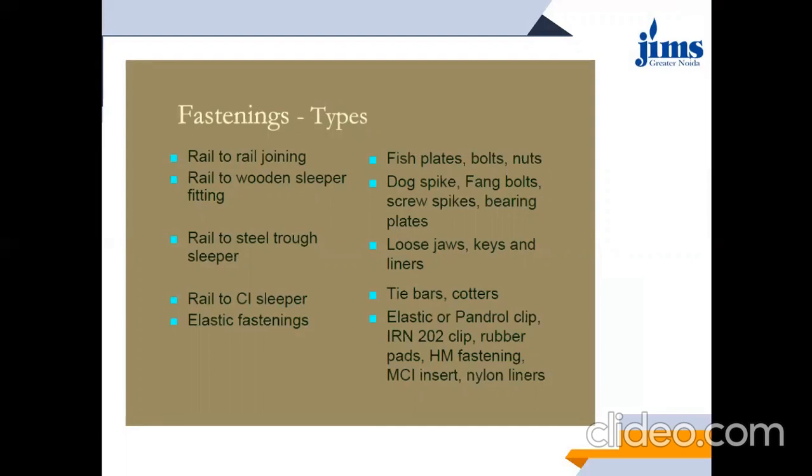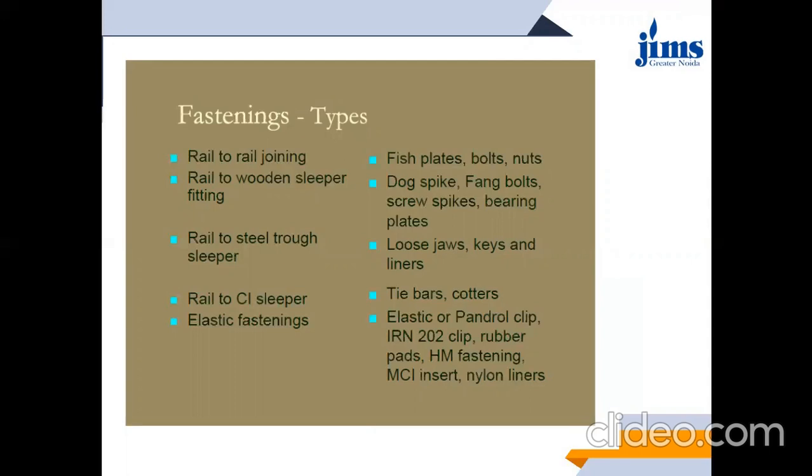This fish plate is basically a specially designed steel plate which is attached on both sides of the rails at the joint where two rails are meant to be joined.